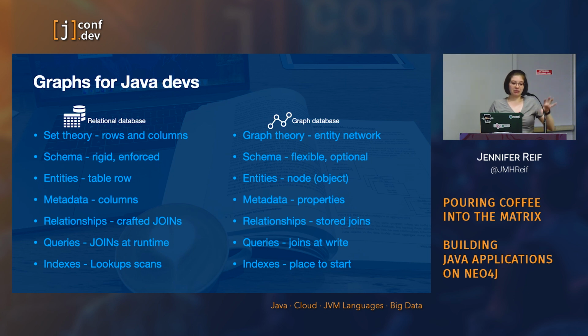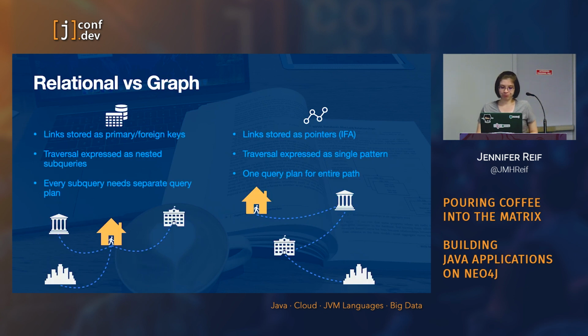The biggest thing is further on down, where we talk about the relationships and the queries. In a relational database, you're going to craft those joins into the data format. So you're going to add those foreign keys, or those potential values, so that you can do joins at runtime when you actually run the queries. In a graph database, your relationships are stored with the data itself, and so you're doing the joins at write, but that means you're reading stuff that's already there naturally in the data. You're not crafting that yourself.